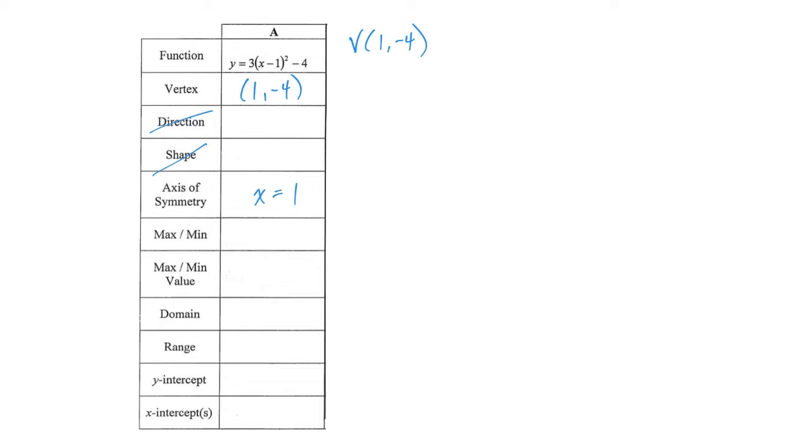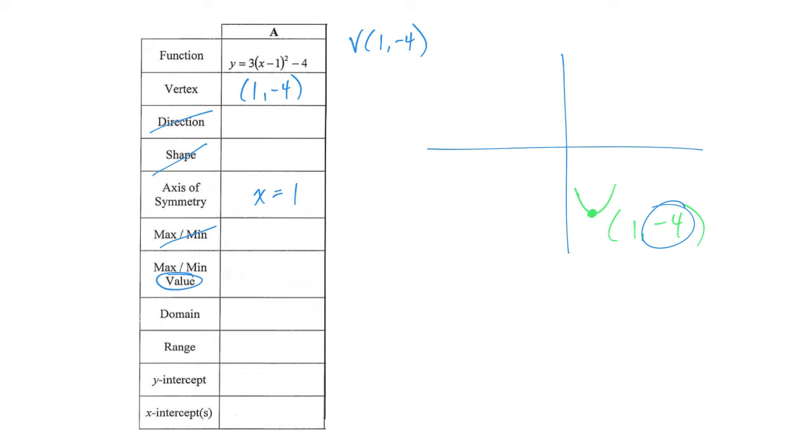Okay, it doesn't tell me anything about whether it's a max or a min, but wait a second, we get down to our max or min value. So don't chop off the max/min too quickly. Notice this one's asking me about the value. And I know that on that parabola, if my vertex was at (1, -4) and my parabola is opening up, then my minimum value is the y-coordinate at my vertex.